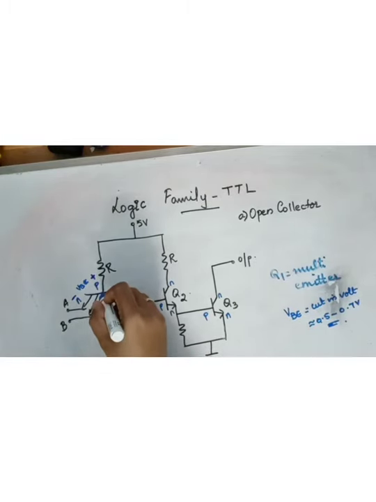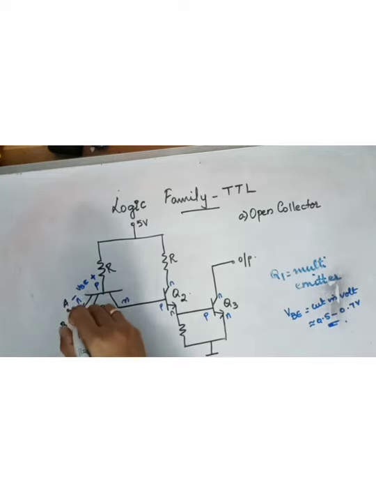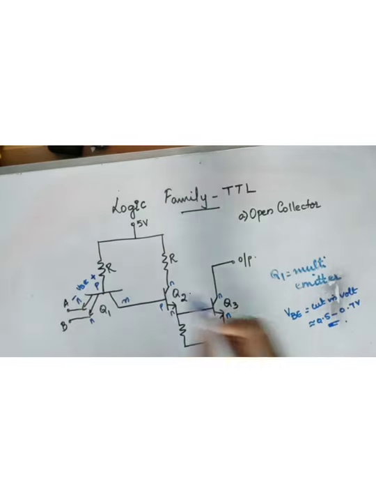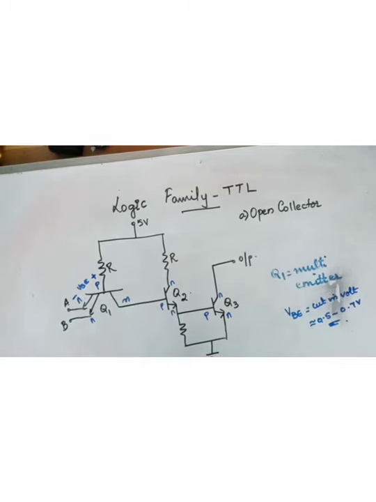So that means that the base should be more positive than the emitter by a voltage VBE, which is in this particular range. That is, the emitter should be negative with respect to, or lesser than, the base.